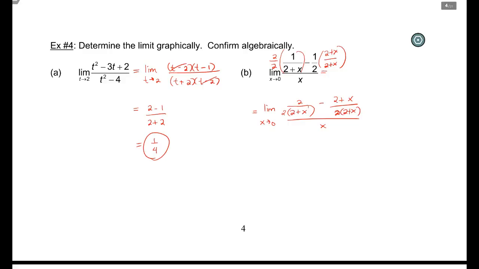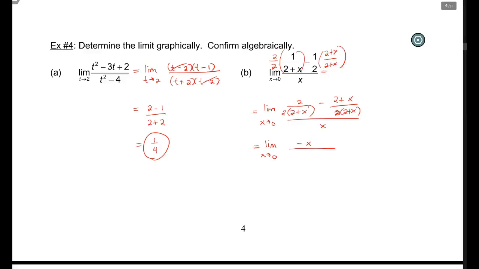Maybe you skip steps; I'm showing lots of steps right now. When I write this out, I need to distribute. So I really have 2 minus x, so I have a negative x in the top. Oh, we are okay with that? So negative x, and then I have 2 times 2 plus x in the bottom.